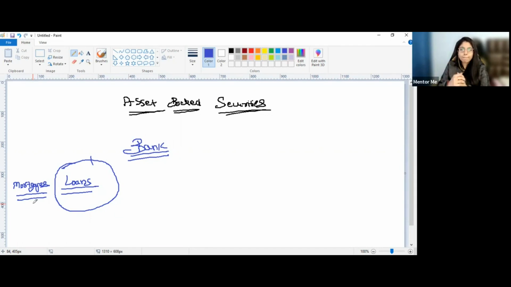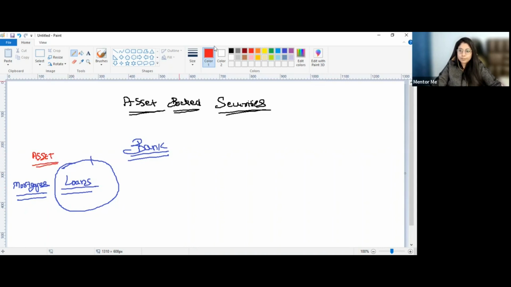How is this loan framed from the perspective of the bank? From the bank's perspective, it's an asset, right? So from the bank's perspective, these loans are an asset.